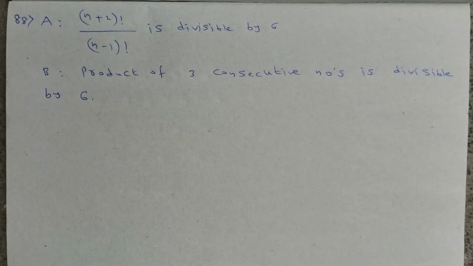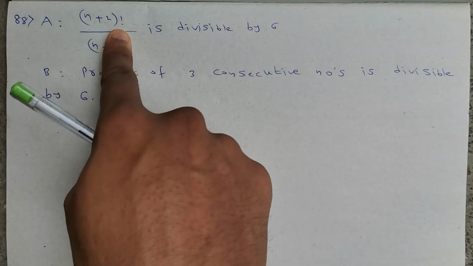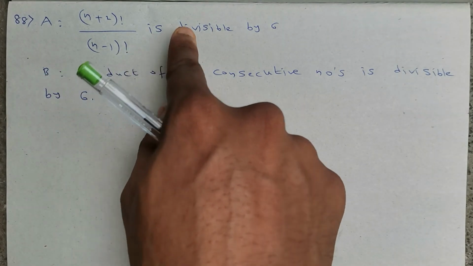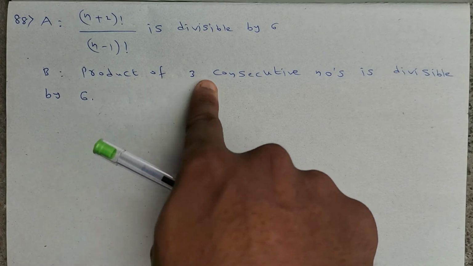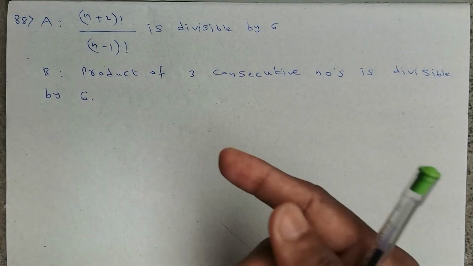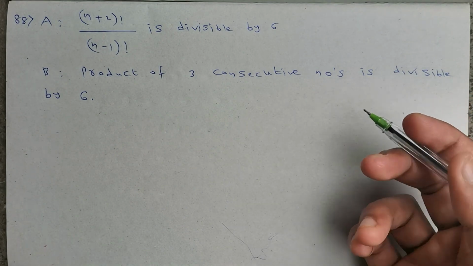Okay, the next question is, two statements are given. Statement A: n plus 2 whole factorial divided by n minus 1 whole factorial is divisible by 6. And statement B: the product of 3 consecutive numbers is divisible by 6. Let us check whether both statements are true or false, or one statement is true and one is false.